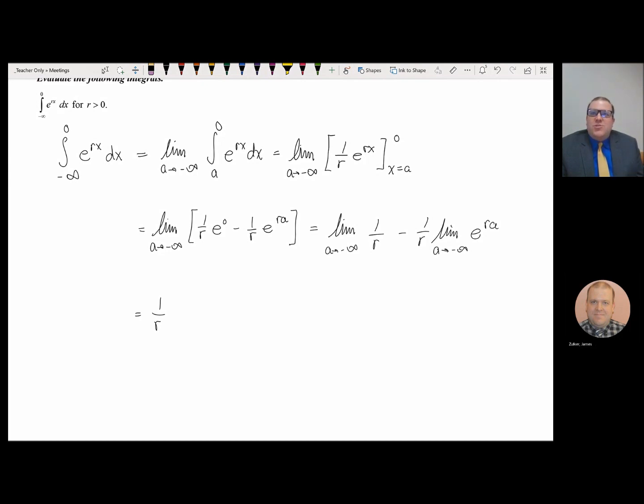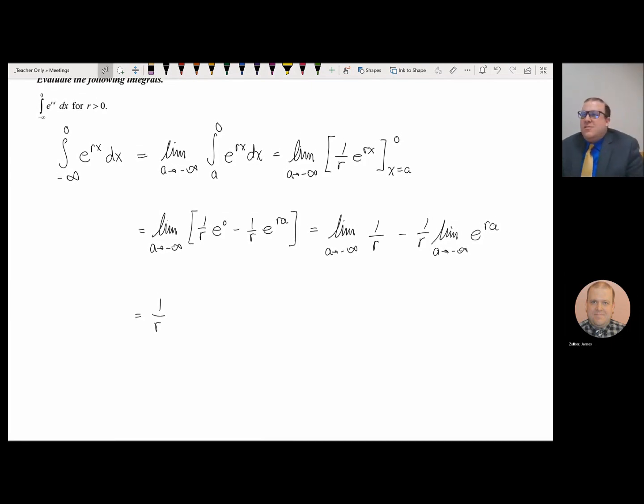Because as the denominator gets larger, the fraction decreases specifically to 0. It doesn't matter what value of R is since it's positive. The same is going to be true, no matter what R you put in. So we get 1 over R.